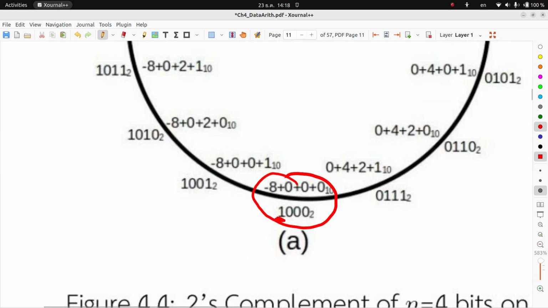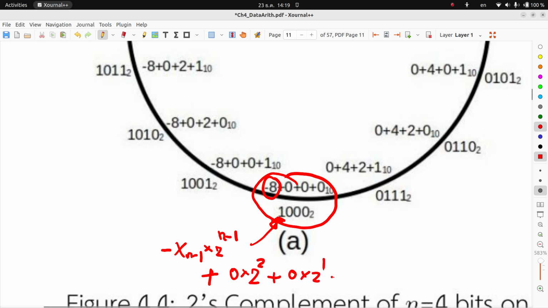This sign bit 1 represents minus 8. It's minus x_{n-1} times 2^{n-1}, plus the rest: times 2^2, plus 0 times 2^1, plus 0 times 2^0.